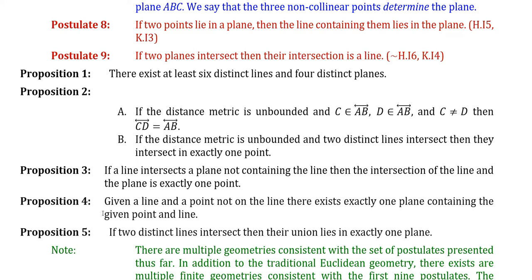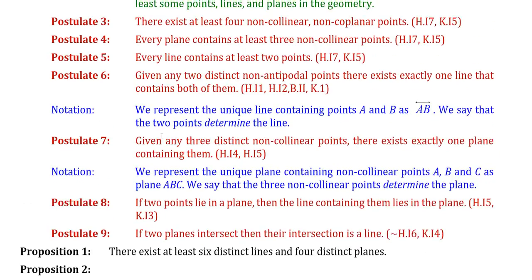The proof of it follows a little bit different form than a normal proof, so we're going to postpone its proof until next week, a little bit later in the notes. But we're going to work on these. Now, Proposition 2 has been changed here when we start talking about an unbounded and a bounded distance metric. That's something we'll do a little bit later on. So that's a tweak that we're going to do to Proposition 2.